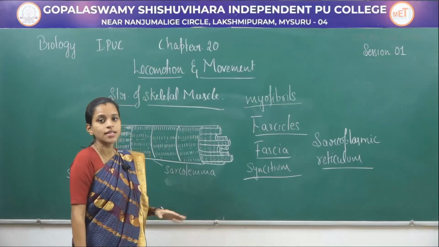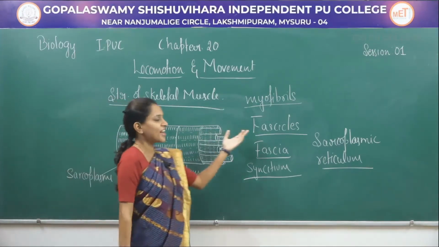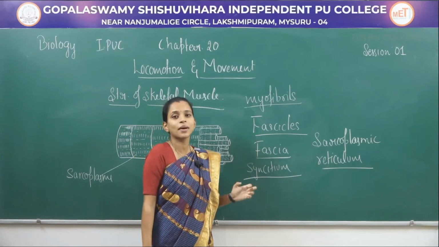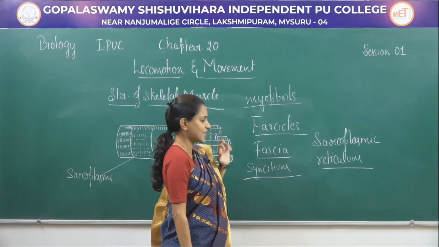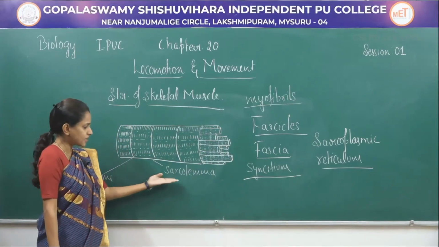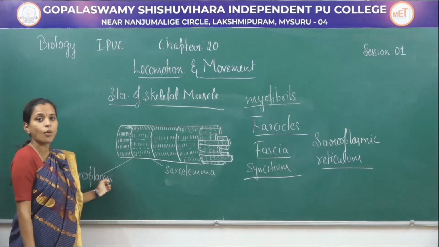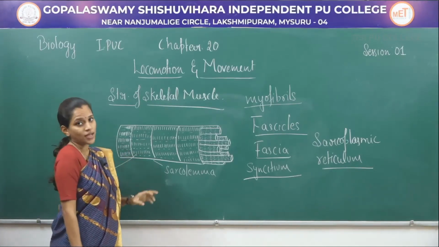Once again to discuss, skeletal muscle is made up of a large number of muscle bundles called fascicles, which are held together by a connective tissue called fascia. The outer layer or the plasma membrane of the skeletal muscle is called sarcolemma, and it contains the cytoplasmic component called sarcoplasm.